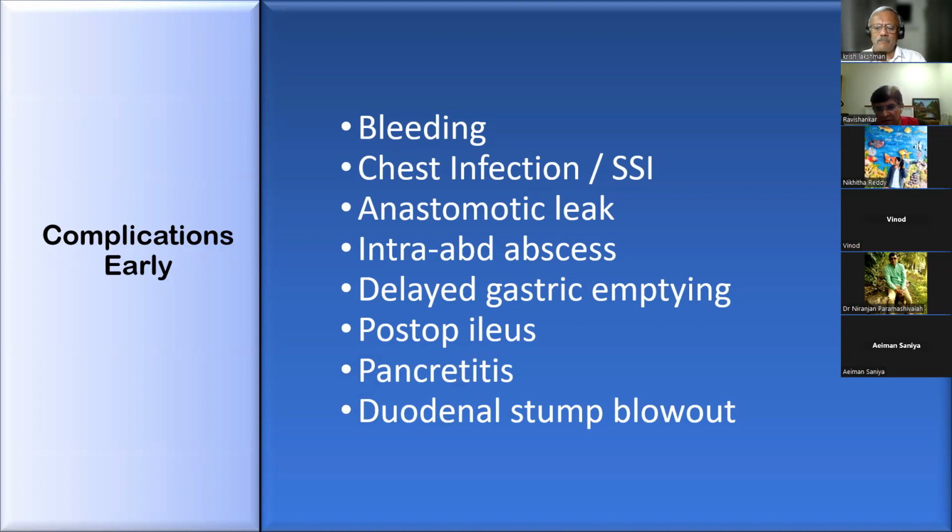But I put pancreatitis and duodenal stump blowout as two separate issues. Pancreatitis usually occurs because of the handling of the pancreas, many times from inadvertent damage to the pancreas. Or it could be that you have taken out an advanced tumor, carved it off the surface of the pancreas.